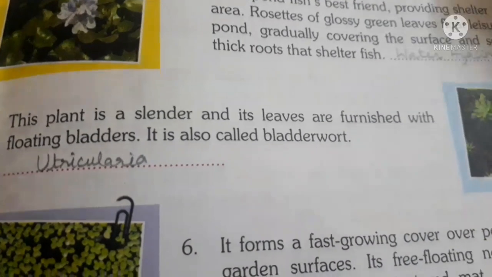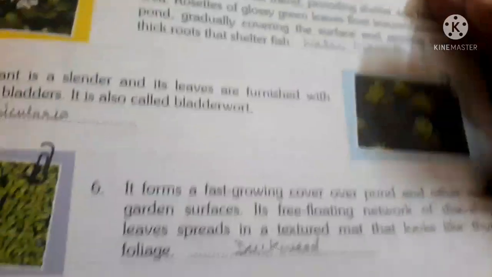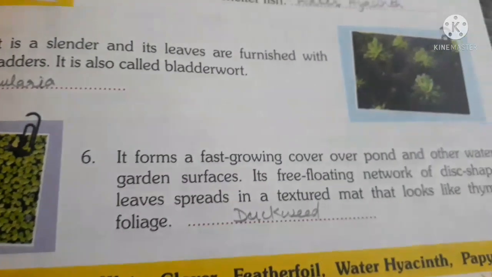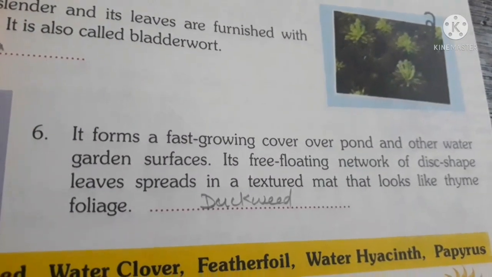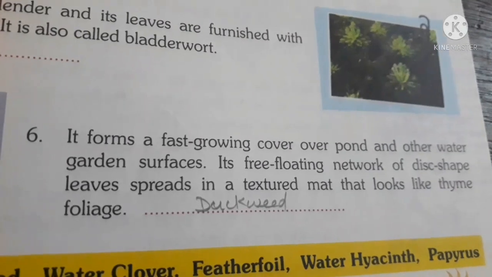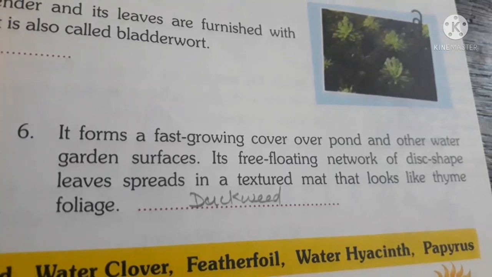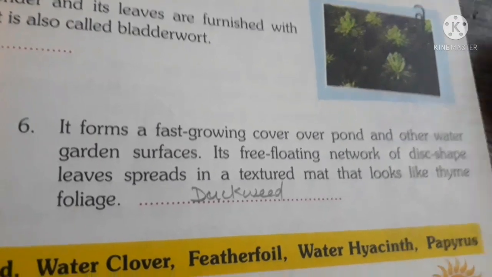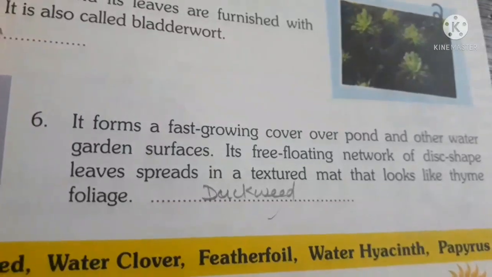It is also called bladderwort. Then the last one. It forms a fast growing cover over ponds and other water garden surfaces. Its free floating network of disc shaped leaves spreads in a textured mat that looks like thyme foliage. It is called duckweed.